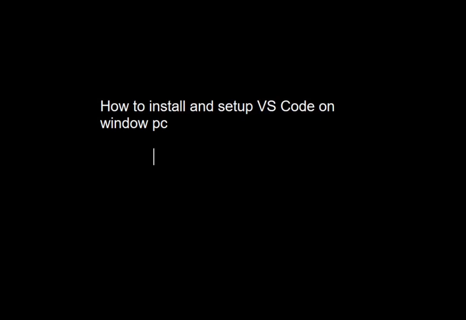So first of all, we have an extension. I'm going to show you when I launch the app. Extensions are just additional features that enable us to debug and do some more things on VS Code.